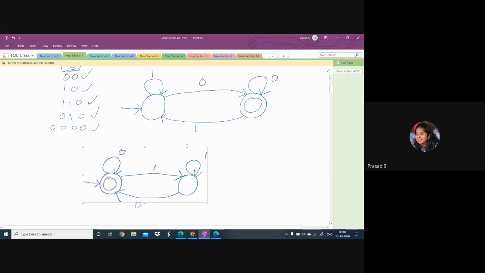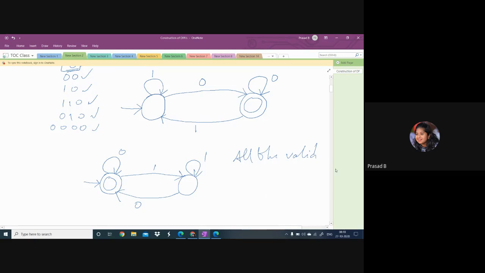Very good. Okay. Whenever a machine is perfect, it must accept all the valid strings. No doubt, this machine accepts all the valid strings, and also it will accept an invalid string. I repeat, if a machine is perfect, it must accept every valid string.